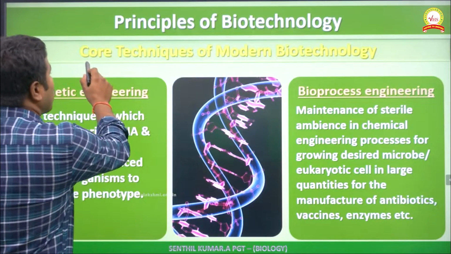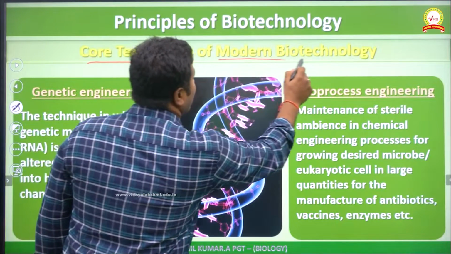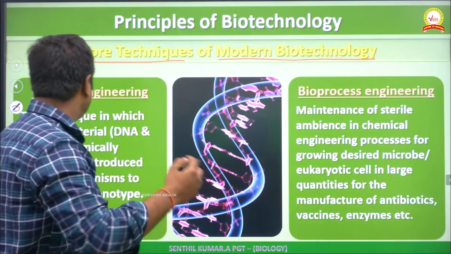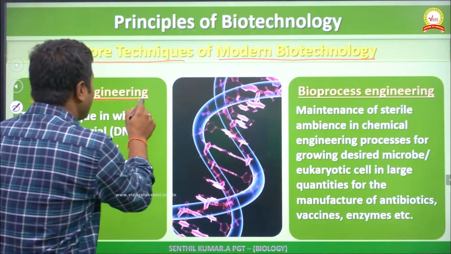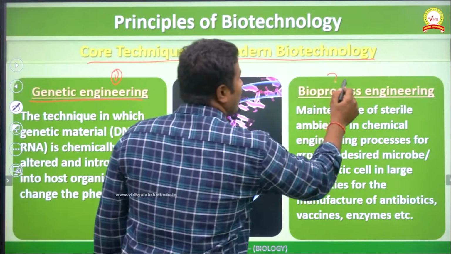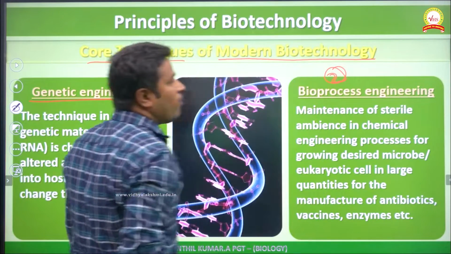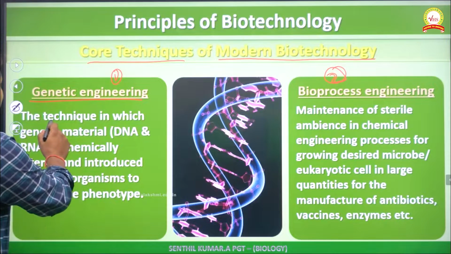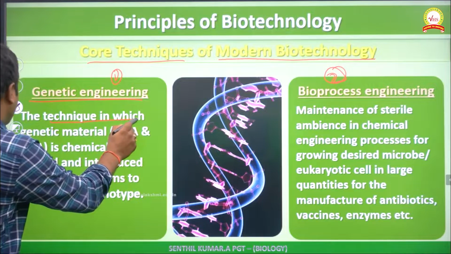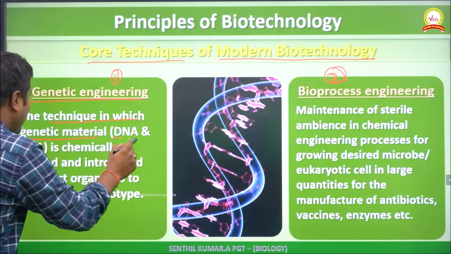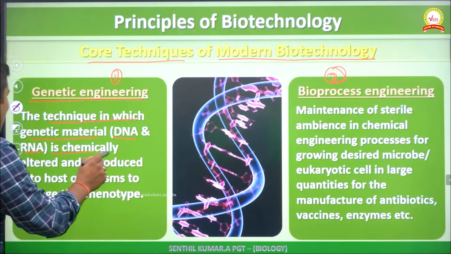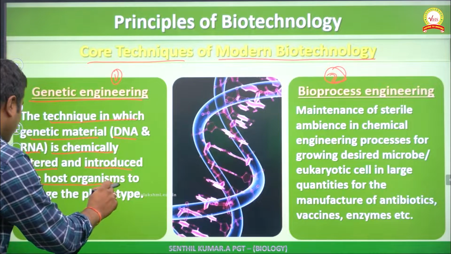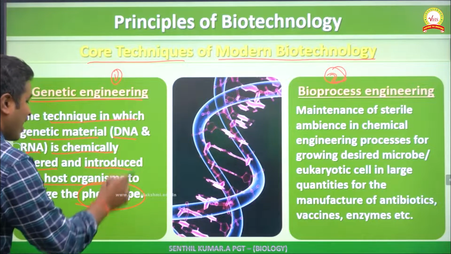So here, the core techniques of modern biotechnology. What is considered a core technique here is genetic engineering, and the second one is bioprocess engineering. So what is genetic engineering? It is a technique in which genetic material like DNA and RNA is chemically altered and introduced into the host organism to change the phenotypic character.